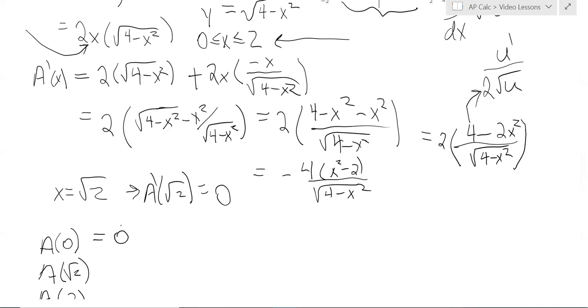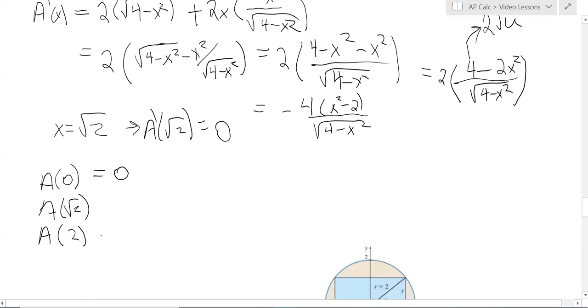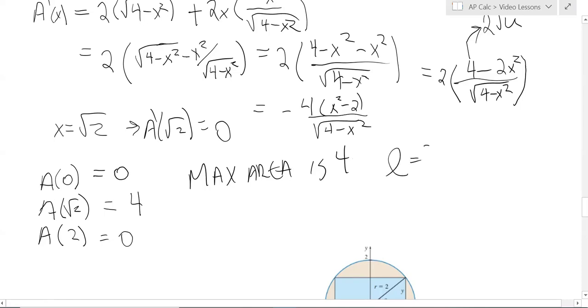So you'd have a 0 under the radical, which would make this equal to 0. When you plug in root 2, you get 4. So the max area is 4. All right. And so the length is 2x, which is 2 root 2, and the height is equal to the y value, which would be square root 2 in this case.